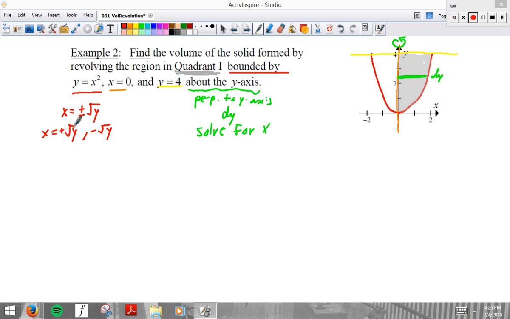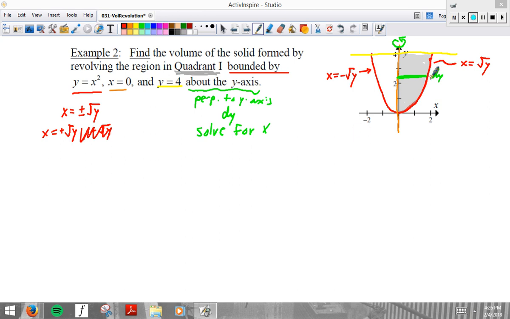Positive root y will give us the positive x values. So that guy is x equals positive root y. That one's x equals negative root y. So this is important because we're not going to really be thinking about that. That's not really a bound of the region we're talking about.